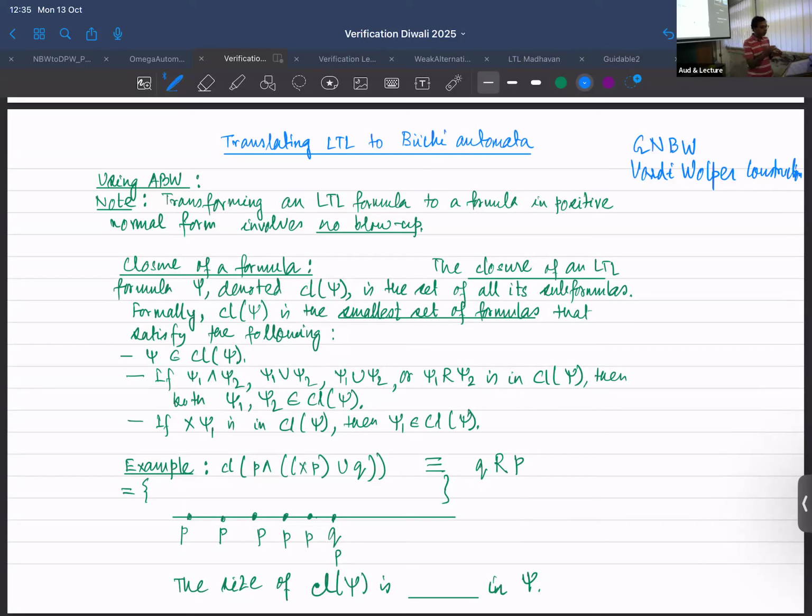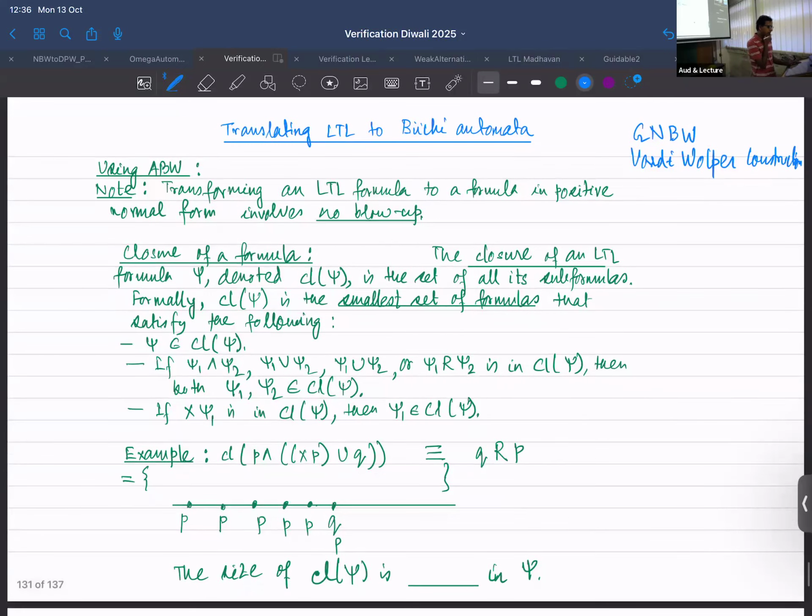And this construction from LTL to GNBW, this particular work, received a Turing Award because it made the entire process of model checking quite practical and useful for the industry, apart from the algorithmic aspects of it. Okay, so that's one thing. Let's start with this translation from LTL to alternating Büchi word automaton.